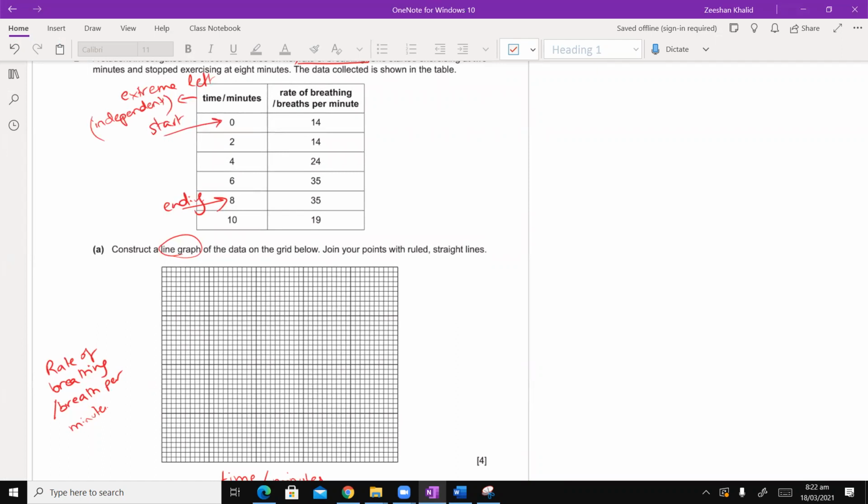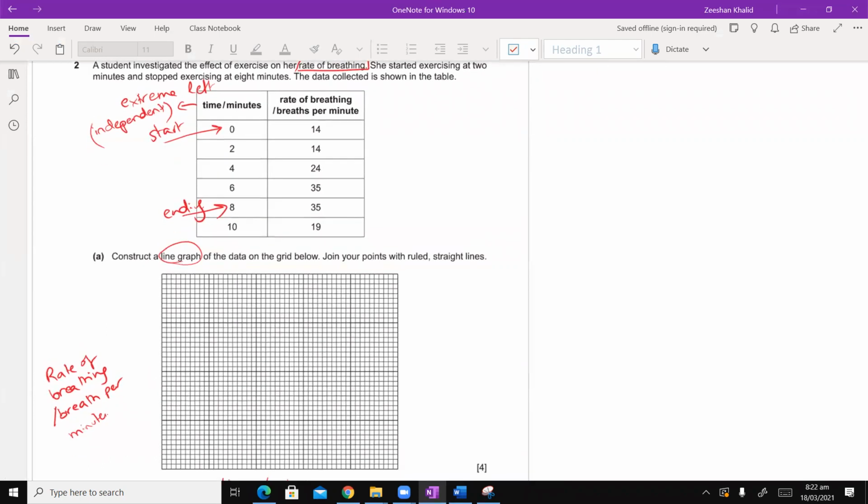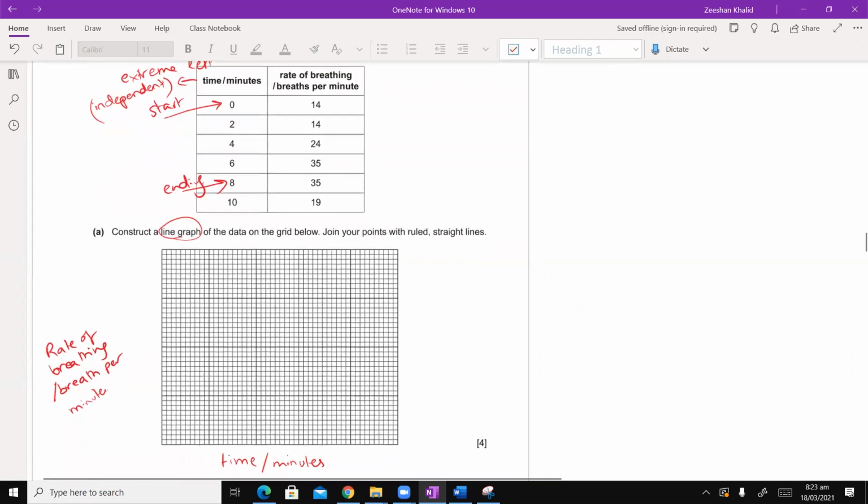The point that I'm trying to make is, whatever the case is, whatever is given in the table on the extreme left is always supposed to be on the x-axis. So aankhein band karke time ko aap le lein on x-axis, and then you take the rate of breathing slash breaths per minute on the y-axis.